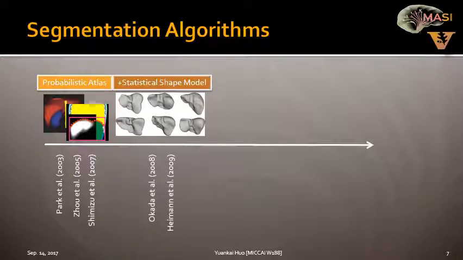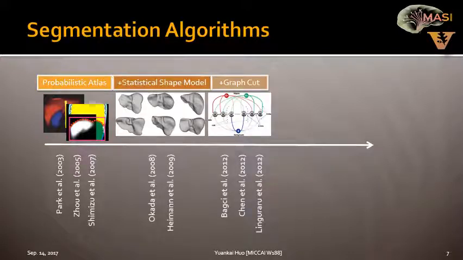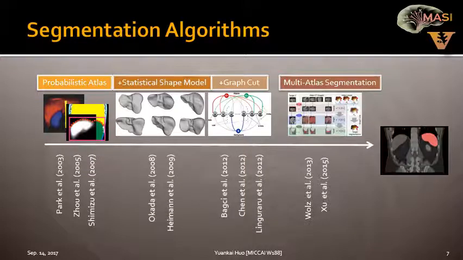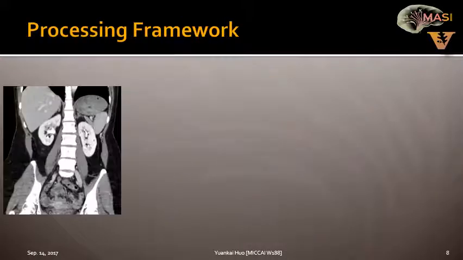Later, people used statistical shape models for abdominal organ segmentation, and later graph cut, and recently people started to use multi-atlas segmentation on the abdomen. The majority of our method uses the multi-atlas segmentation method.